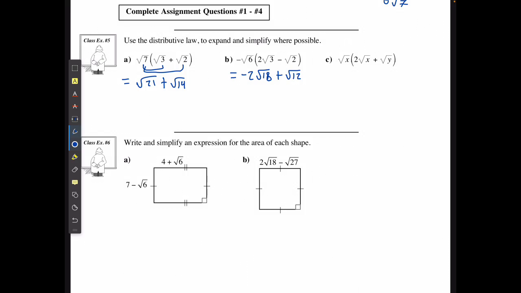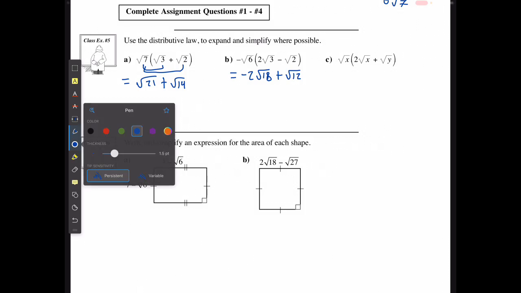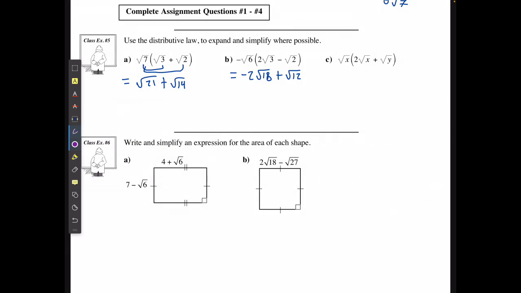And here I can simplify the 18 and the 12. If I have 18, it's going to become 2 and 9, and 3 and 3. 12 is going to become 2 and 6, and 2 and 3.